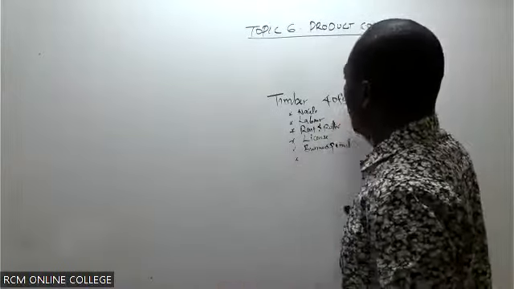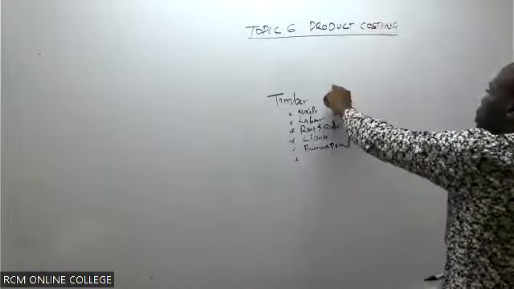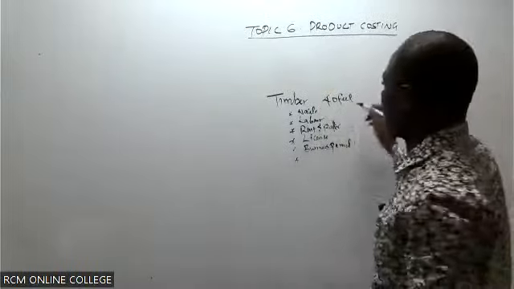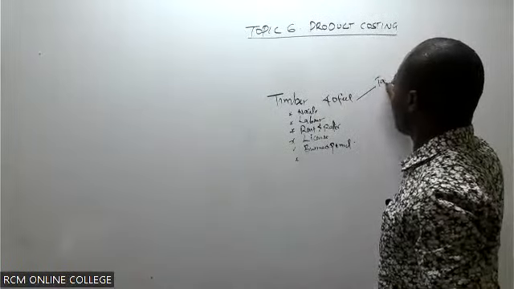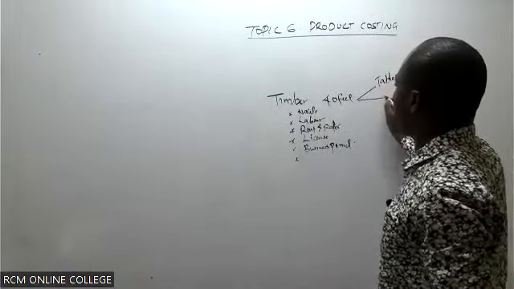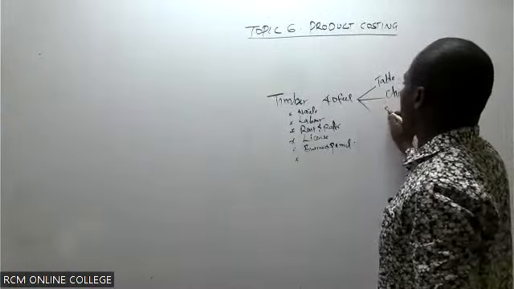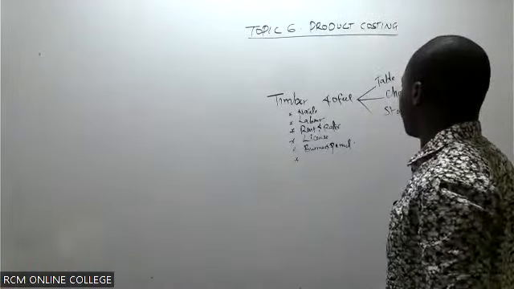So here we have timber as the main raw material. This timber will determine the size of the table. So here, this timber can be used to produce tables. It can be used to produce chairs. It can be used to produce stools.